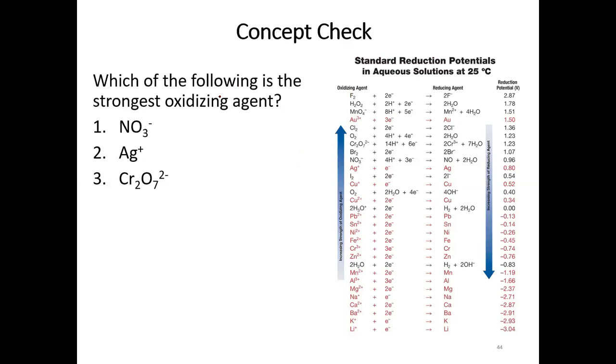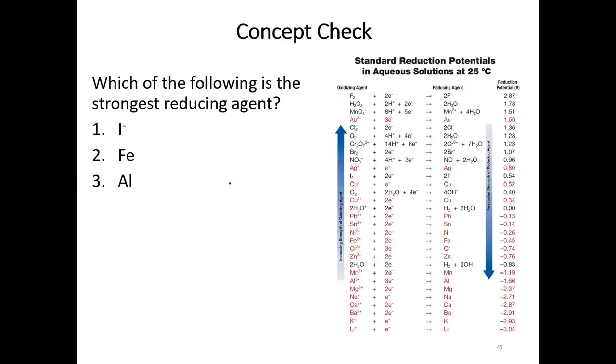So which of the following is the strongest oxidizing agent? We talk about nitrate, silver, and chromate. Nitrate is here. Silver, we have silver here. And then chromate, which is Cr2O7, is here. And the strongest oxidizing agent is then going to be this one, the high positive number, right, for the oxidizing agent.